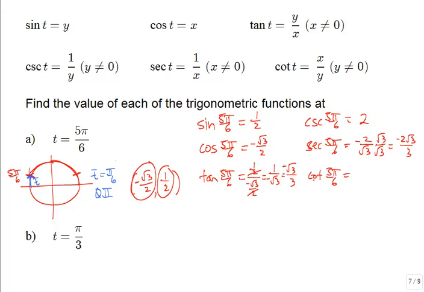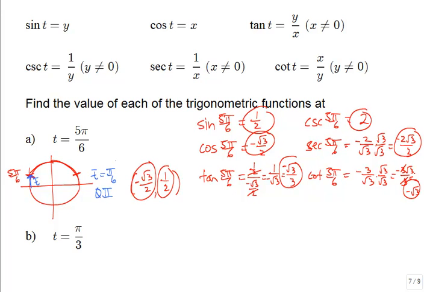And then finally, cotangent is the reciprocal of tangent. So if our tangent was negative root 3 over 3, when I flip that over, I get negative 3 over root 3. And when I rationalize, we get negative 3 root 3 over 3. The 3's cancel. So this is negative square root of 3. So here are my 6 trig values, and they come from just the x and y coordinate or some manipulation of those x and y coordinates.